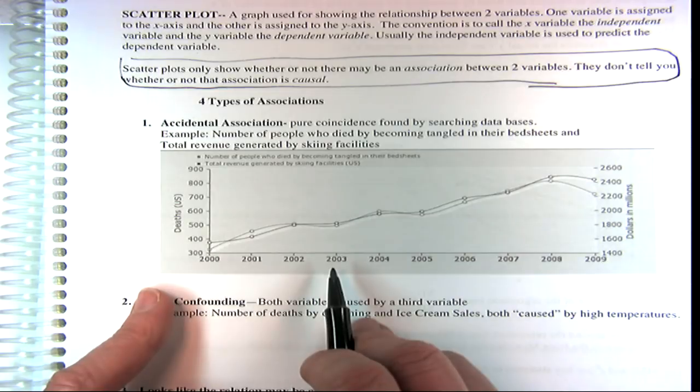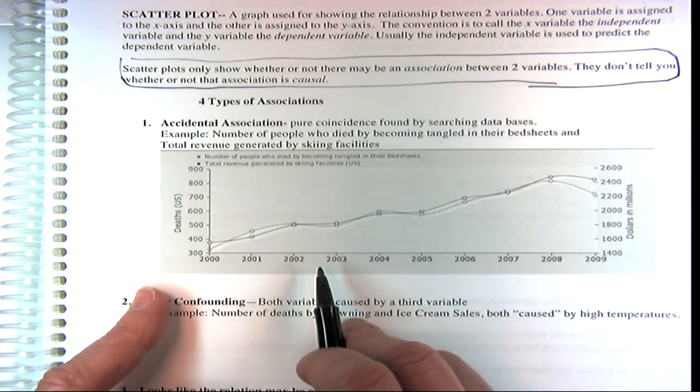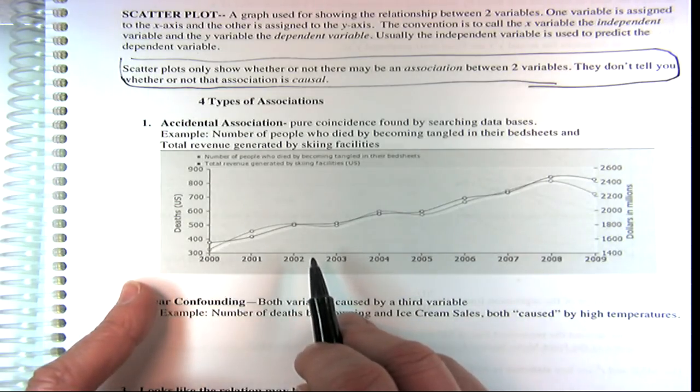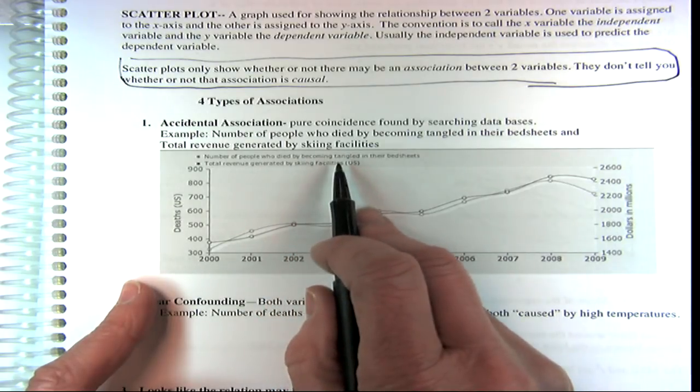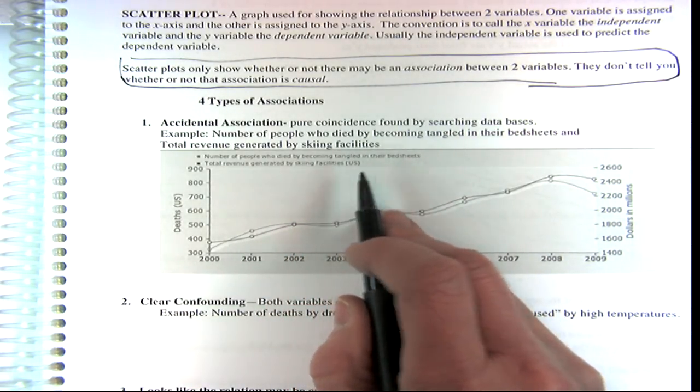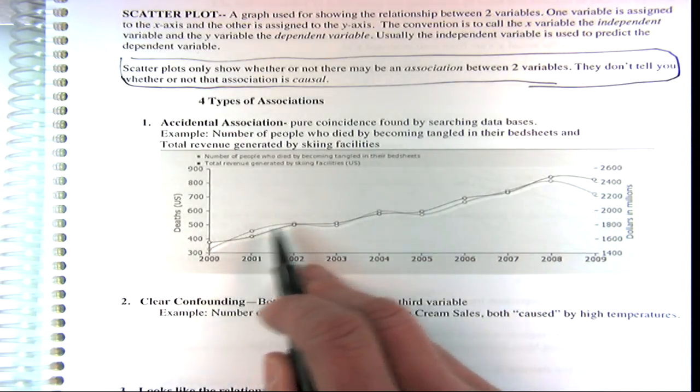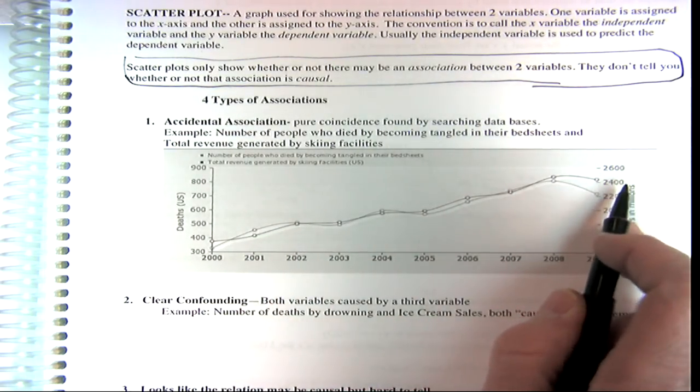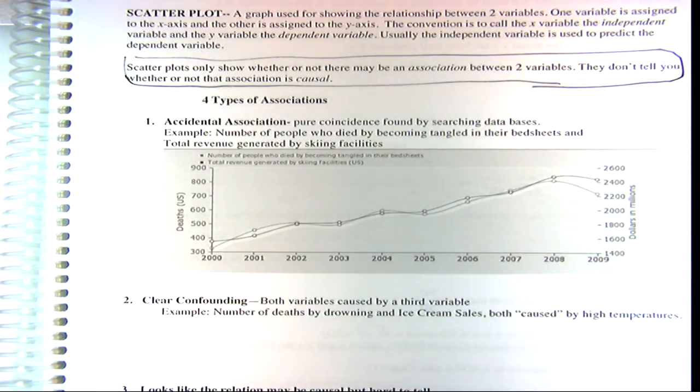So this one is what? This is the number of people who died by becoming entangled in their bed sheets and the total revenue generated by skiing facilities. And usually they're just shown over time, and they're found by cherry picking.